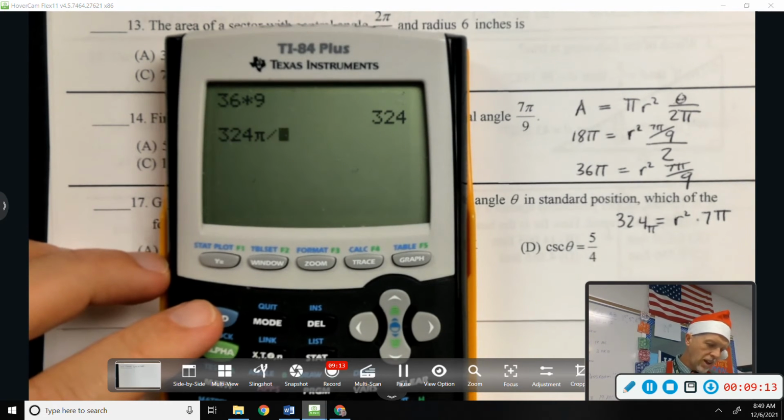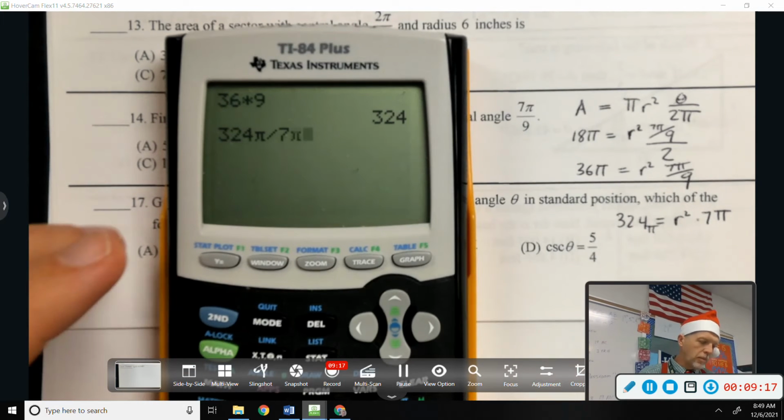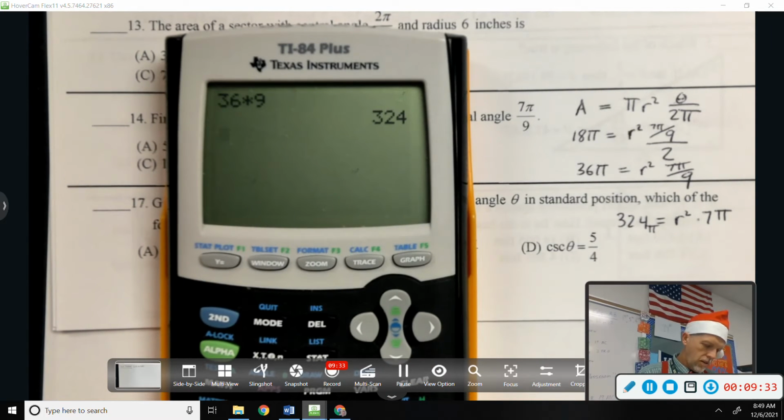324 pi divided by, oh, I'm glad we picked this question. Because if I divide by 7 pi like this, that's going to give me the wrong answer, because that divides by 7 and then multiplies by pi. Your calculator knows order of operations and follows it. You could X out the pi and do this on your own.